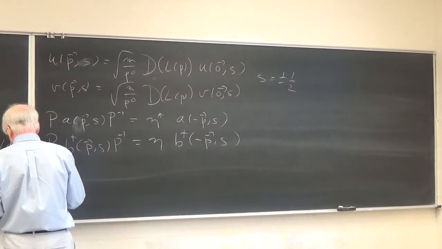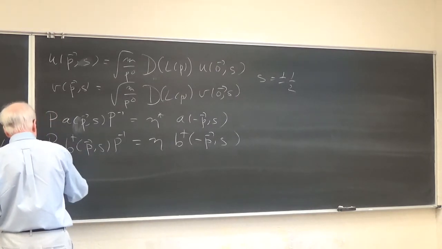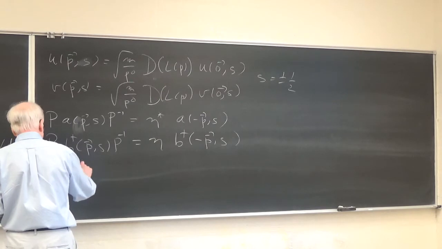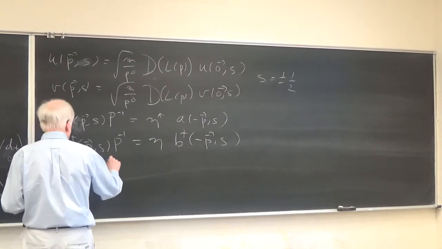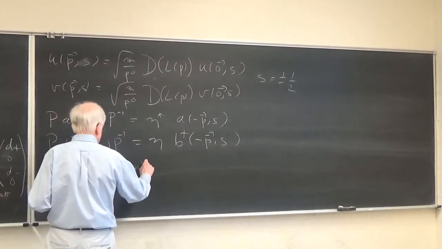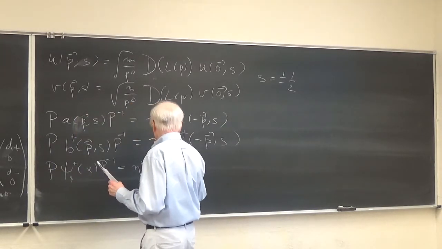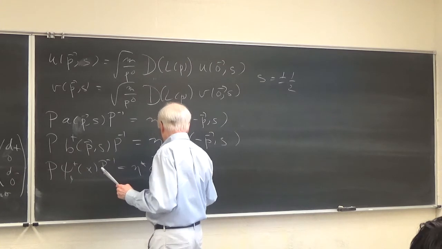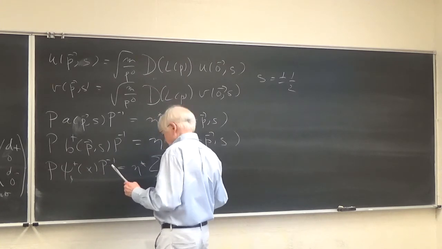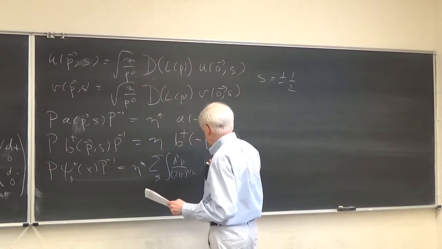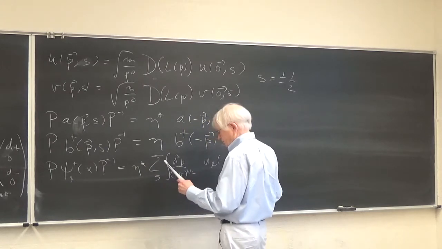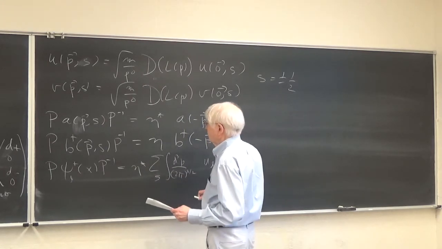In any event, P psi L plus of x, the inverse, is going to be eta star sum on s integral d3p over 2 pi to the 3/2. And then this u of L of what?